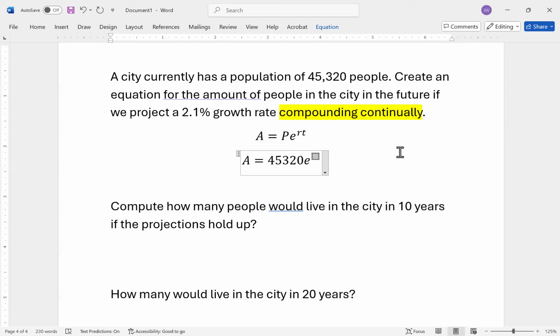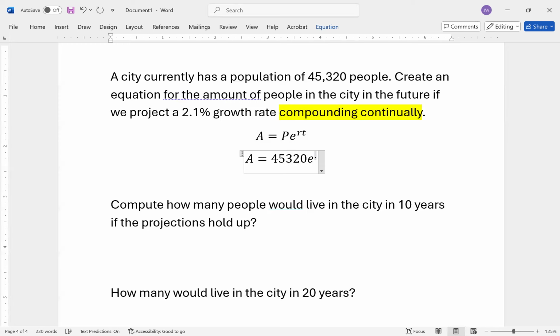My initial amount, 45,320 people. My rate of growth is 2.1%. That's an R of 0.021. And then obviously we have our T, which is our variable. If I want to figure out how many people would live in the city in 10 years, if the projections hold up, I'd say A is equal to that whole thing where I replace the T with the number 10.